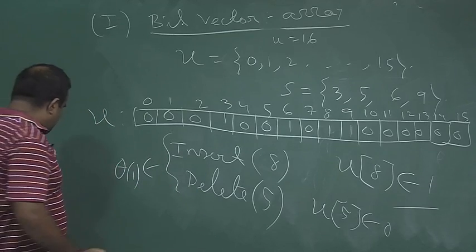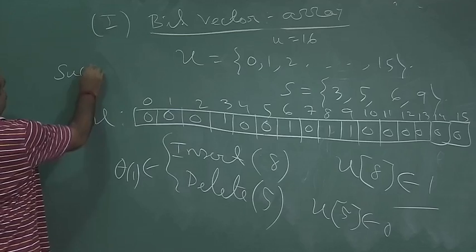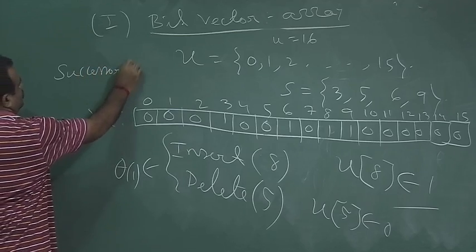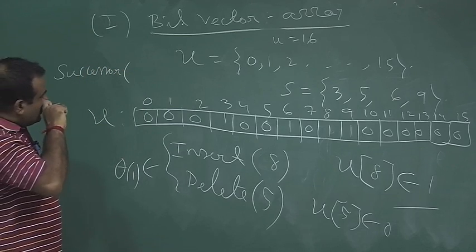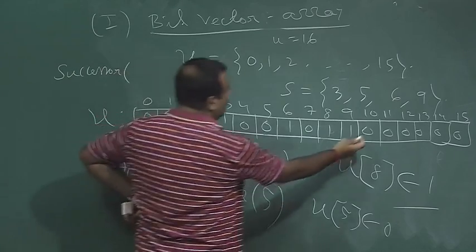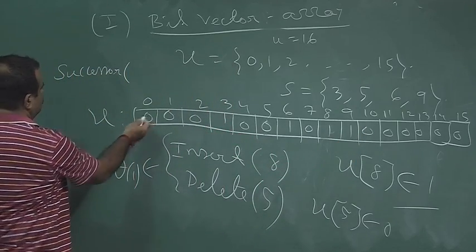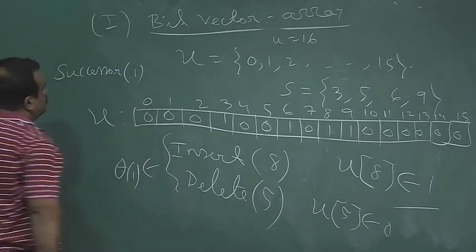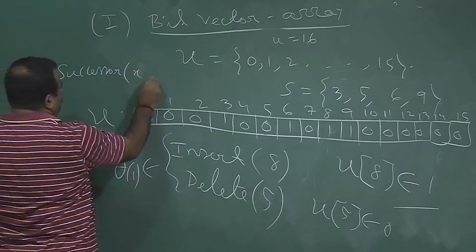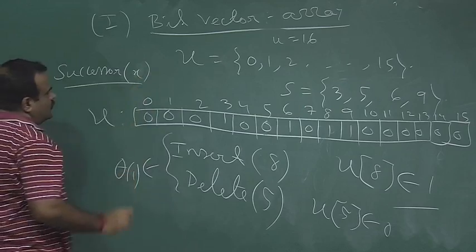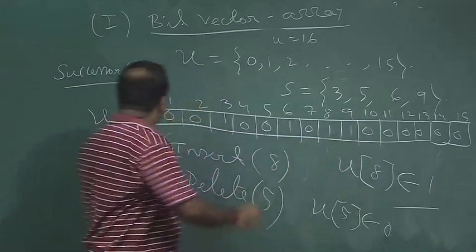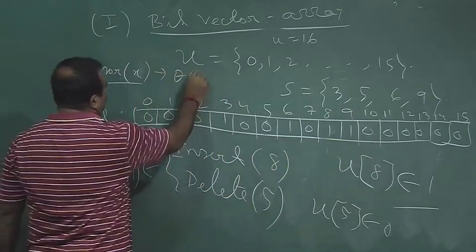Now, what about the successor query? Suppose you want to find the successor for, say, 0 or 1. For a successor query, maybe we have to scan this array, so it will take order of u time.